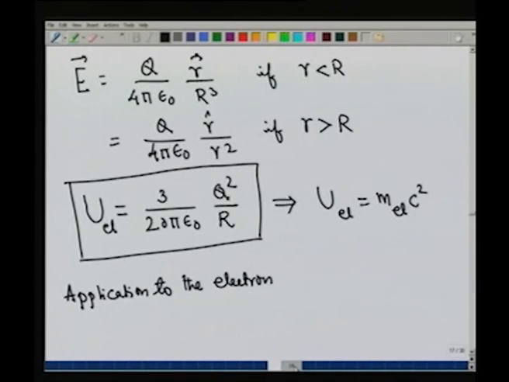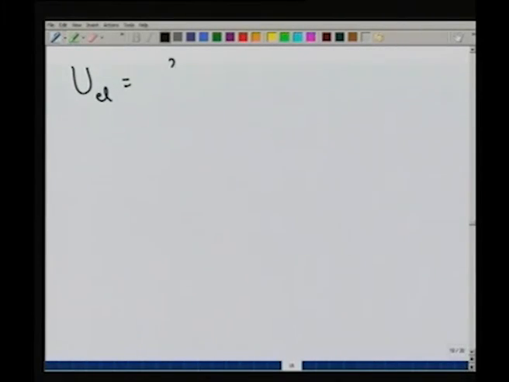So what shall I do? I shall now specialize this application. So U electromagnetic was 3 over 20 pi epsilon naught q squared by R. This is a generic expression. Now consider an electron.